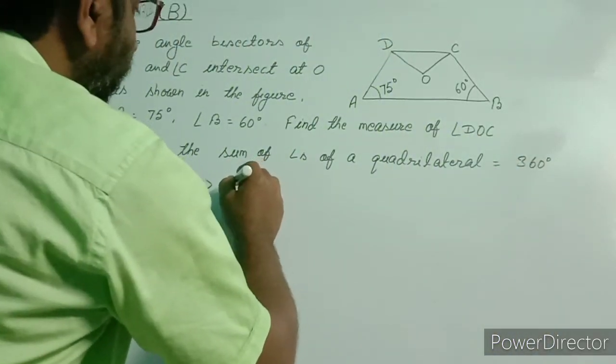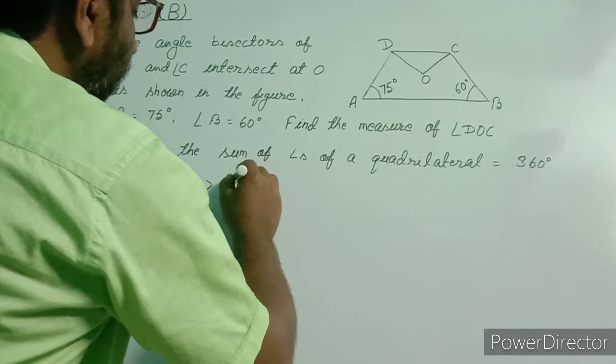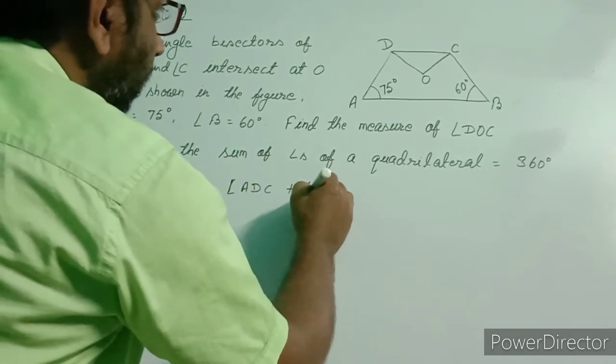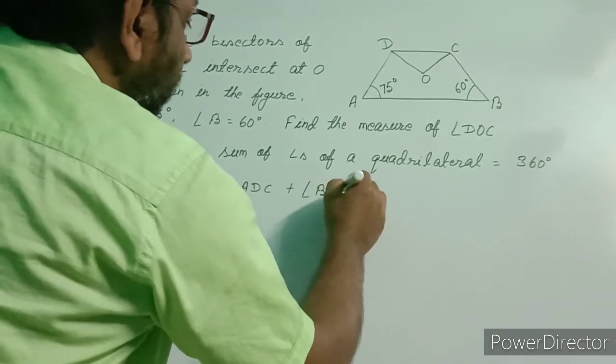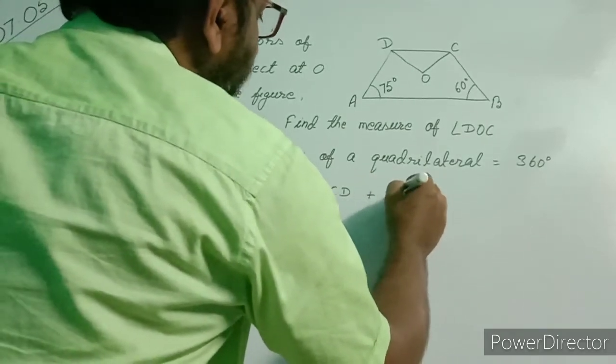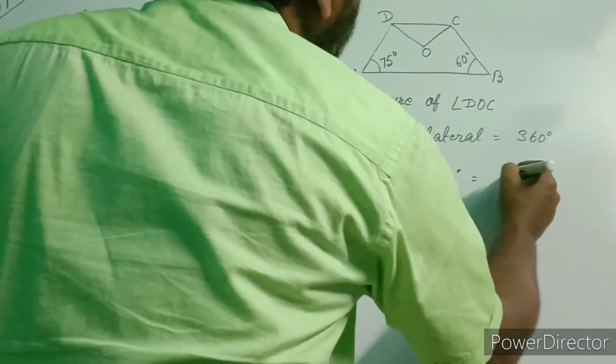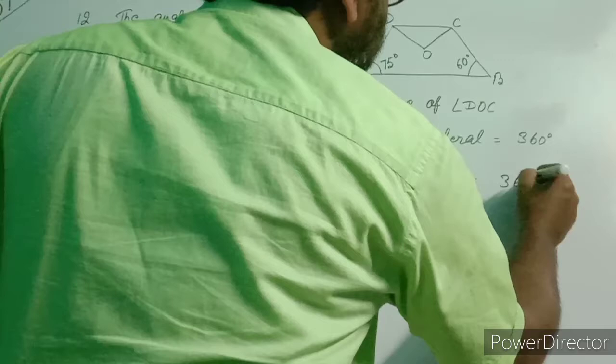We can say angle ADC plus angle BCD plus 75 degree plus 60 degree equal to 360 degree.